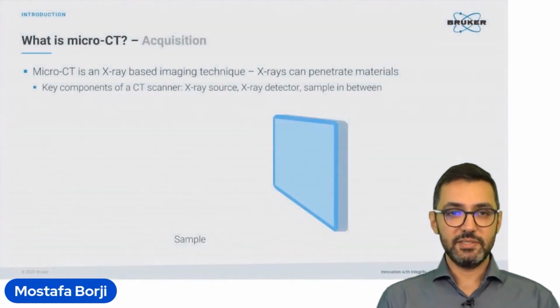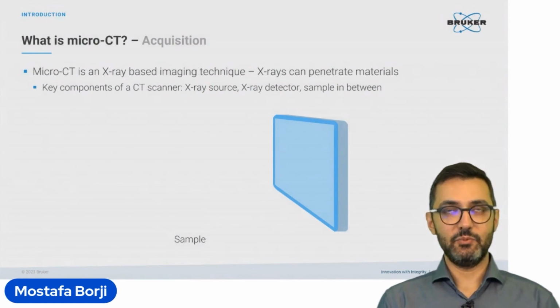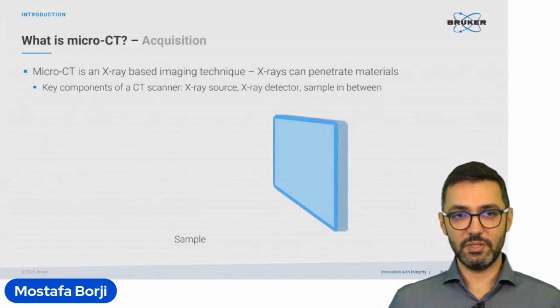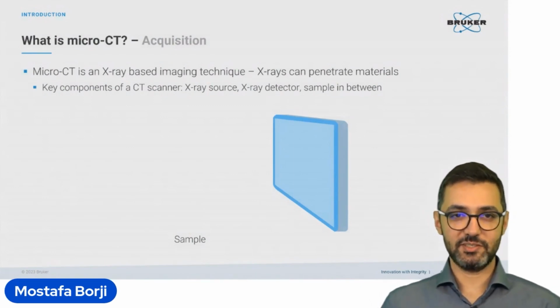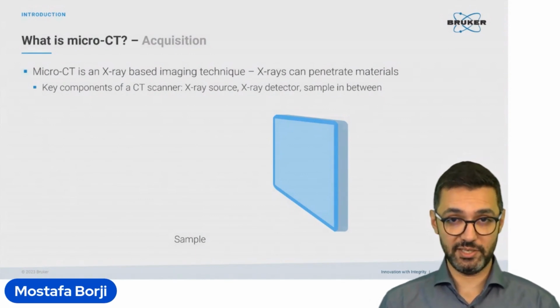So starting with micro-CT and what it is: X-ray microscopy, or micro-CT, as the name suggests, has something to do with X-rays. So it is an X-ray based imaging technique.